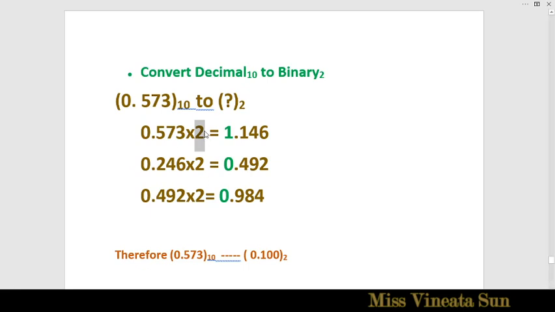If it is hexadecimal, then you'll have to multiply by 16. So this one I'll leave it up to you as a homework. You will convert 0.573 to octal and 0.573 again to hexadecimal using the same technique.